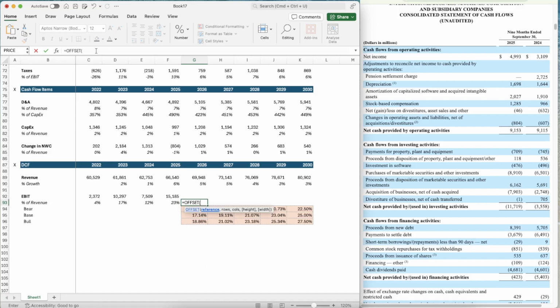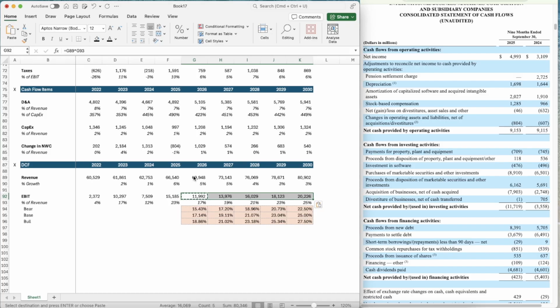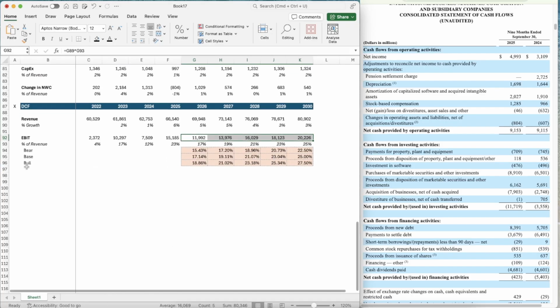Equals offset the cell that we're in, G93. D16, lock it in. Comma 0, close brackets. Fill it across. And take your revenue, multiply it by your EBIT margin. And there we have it. Forecasting the next 5 years of EBIT.